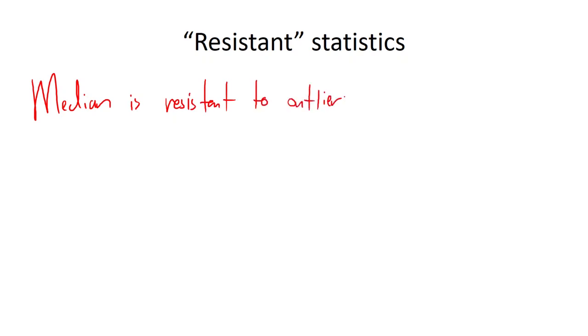Because we have what are called resistant statistics. So the median is resistant to outliers. And what we mean when we say resistant is just not heavily affected by.